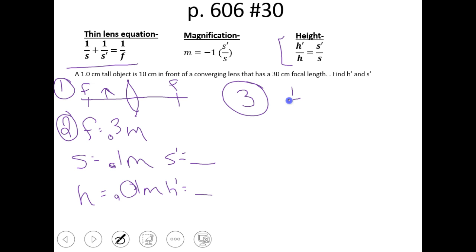So 1 over s is 0.1 plus 1 over s prime, I don't know that. And then 1 over my focal length, which is 0.3. Right? And because I hate dealing with fractions, I am going to go ahead and divide those out.